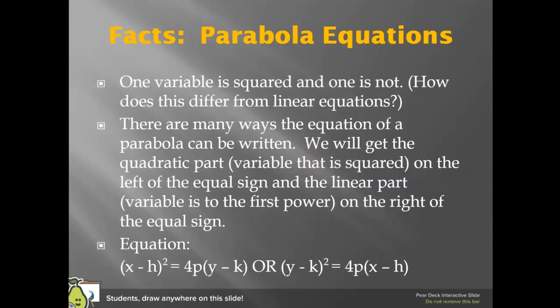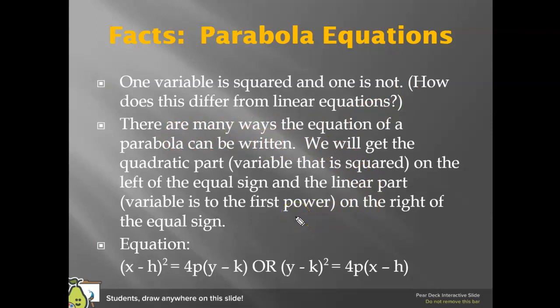So here's some facts about parabola equations. In a parabola equation, one variable is squared and one is not. Think about the circle. When we were working with the circle yesterday, x was squared and y was squared. But now only one of them is going to be squared. There are many different ways the equation of a parabola can be written.